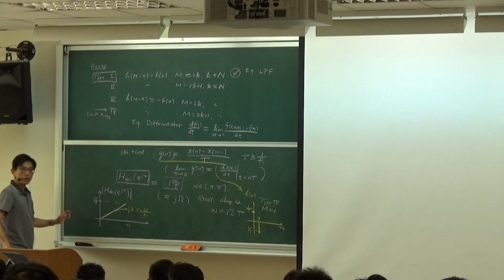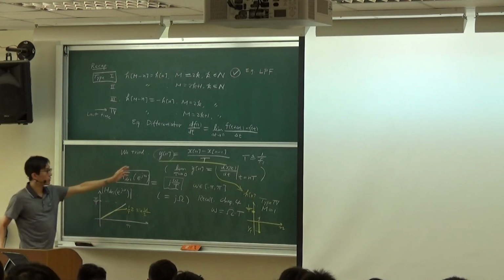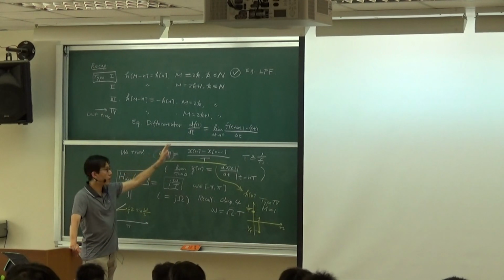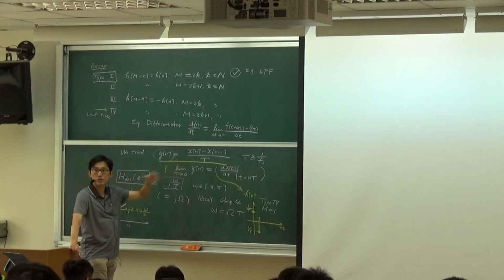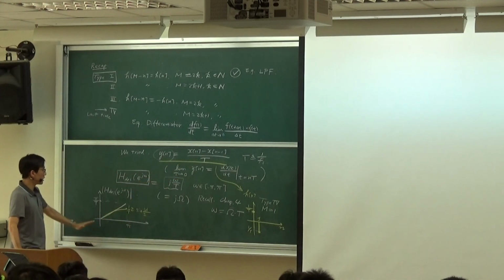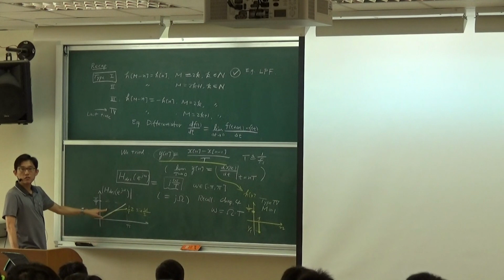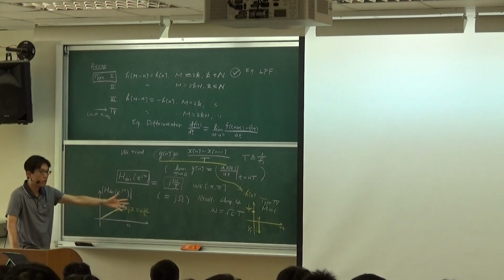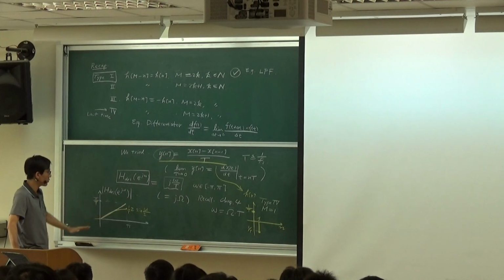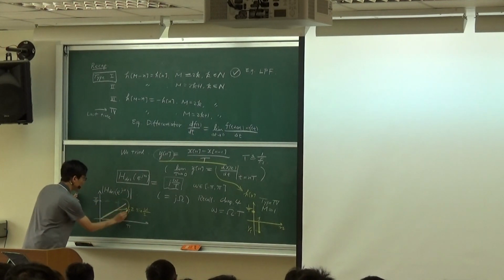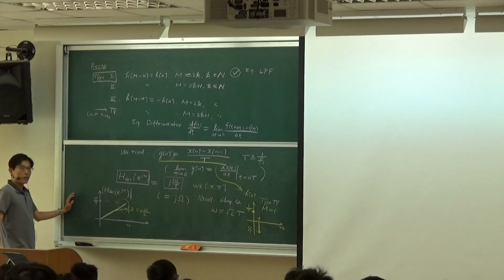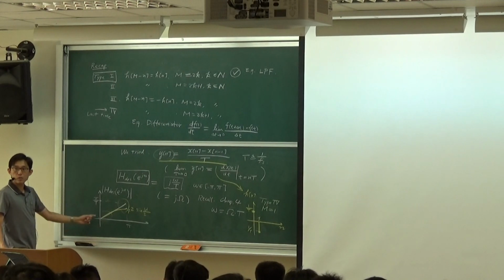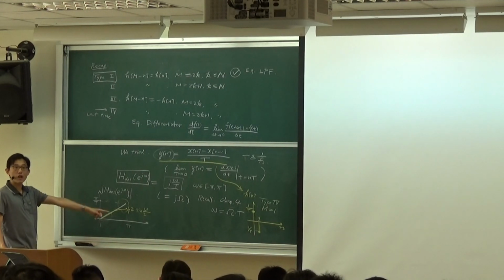Anyway, I want to emphasize that we started from intuition and ended up with this design, and we can calculate the frequency response for sure. Of course, it's going to deviate from the ideal case, just like when we designed the low-pass filter. We have a proposal, but we know the performance is going to be less ideal at high frequency than at low frequency. At low frequency, the approximation is pretty good, but not at high frequency.